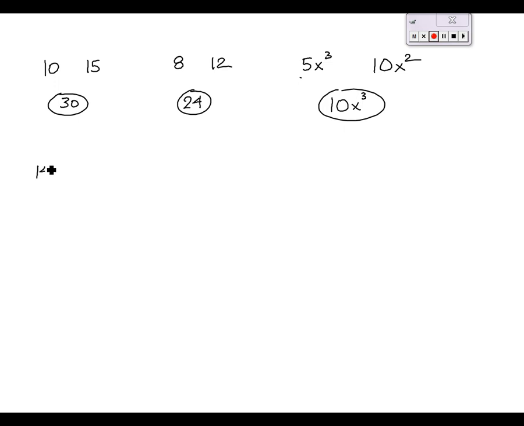How about 14x and 42x? Oh, no, excuse me, that was a giveaway, maybe. 21x squared or something. All right, how about that?